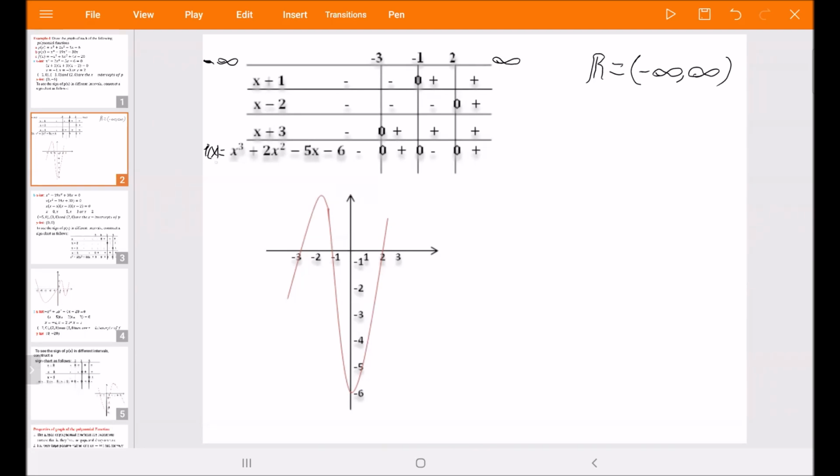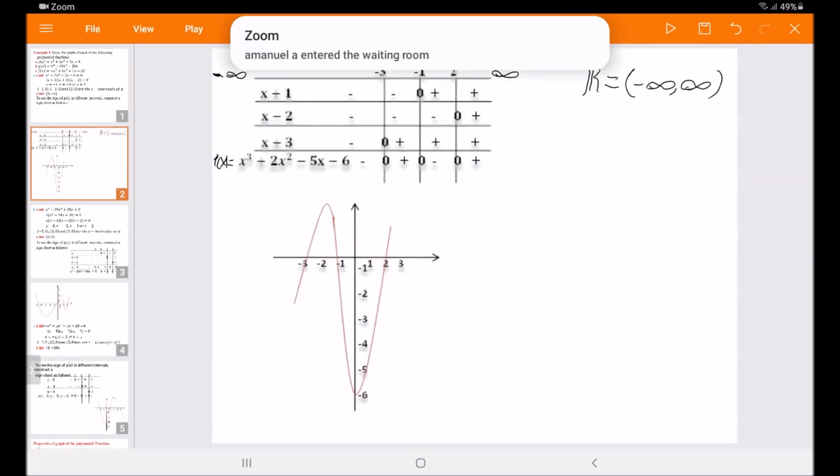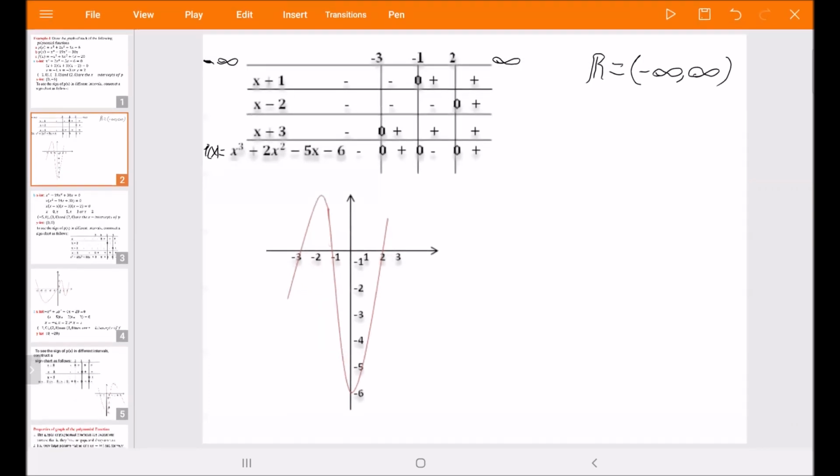Then what happens to the graph of p(x)? It can be clearly seen from the last row of this table. It comes back and lies below the x-axis between -1 and 2. That means between -1 and 2, it is negative. But in this interval, it must cross the y-axis. So it crosses the y-axis at y equals -6.